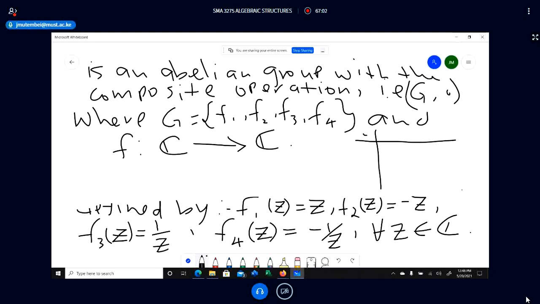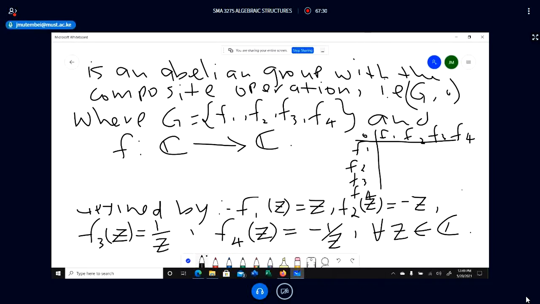The operation there is the binary, the composite operation. The sets we are working with are F1, F2, F3, and F4. So we have that on both columns, F1, F2, F3, F4, and we want to complete that table.